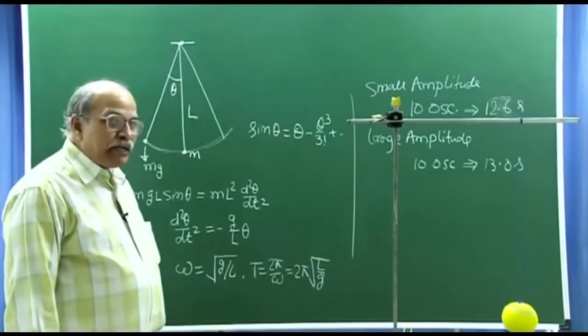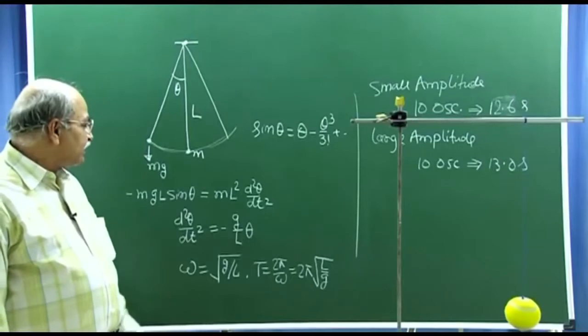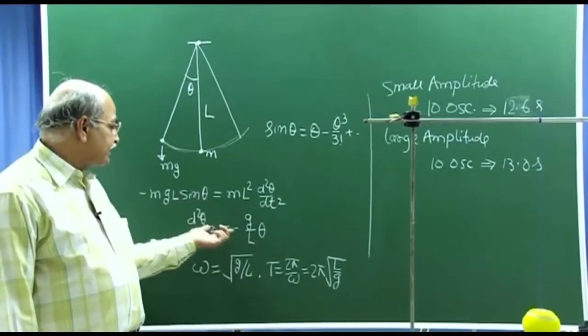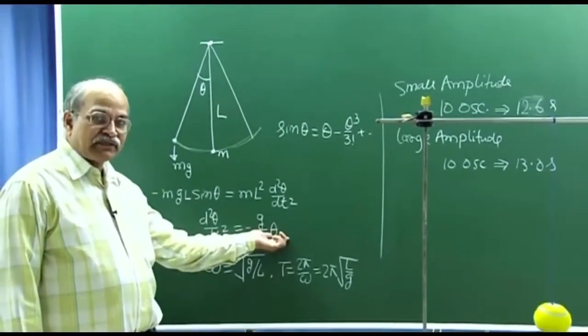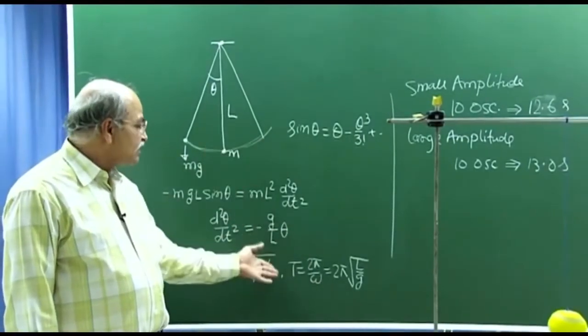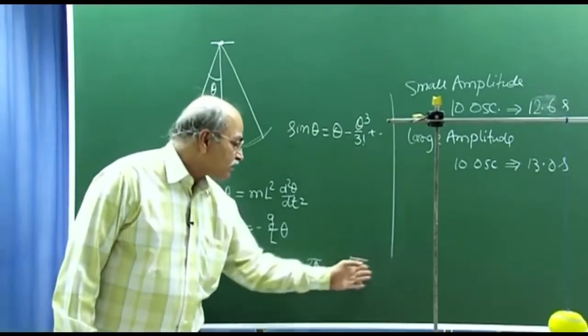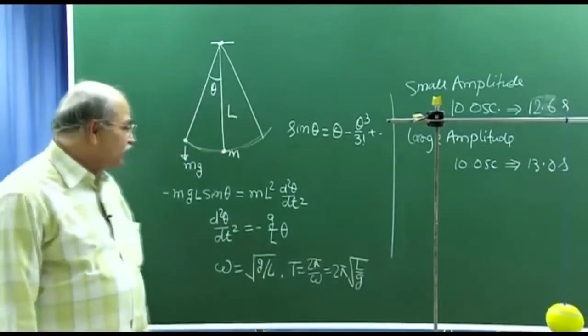So if you do a proper mathematical analysis without making this approximation that sin theta is the same as theta, you can get an expression for the time period which is a better representation.